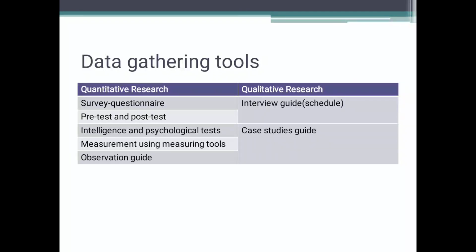Ito yung ginagamit natin pag-a-apply sa trabaho or pag-a-apply sa school. Diba? Mag-a-apply ka kunyari sa university for transfer, so kailangan kang mag-undergo ng psychological test. Next is measurement using measuring tools such as ruler, meter stick, ganon. And then, observation guide. While for qualitative research, pwedeng interview guide.